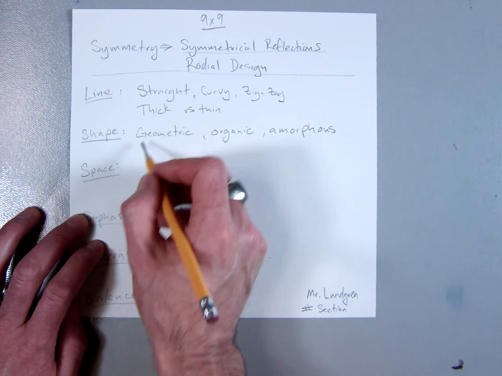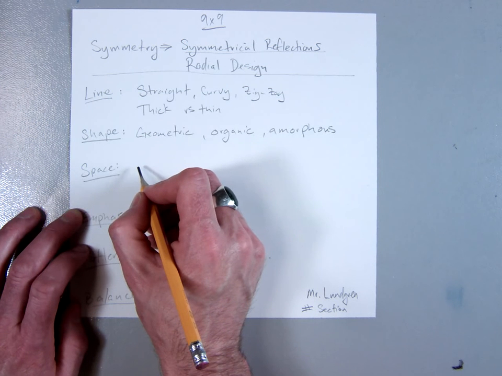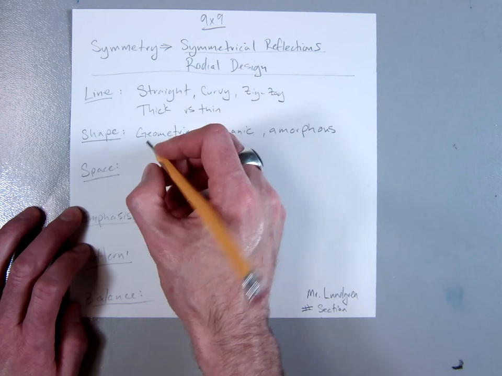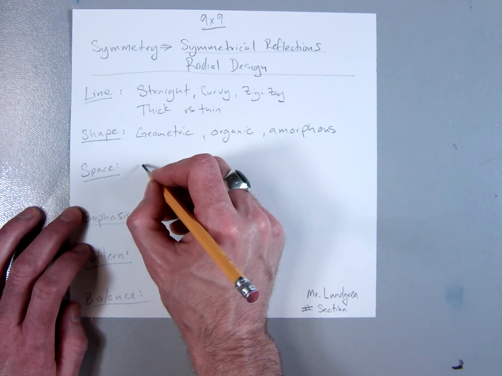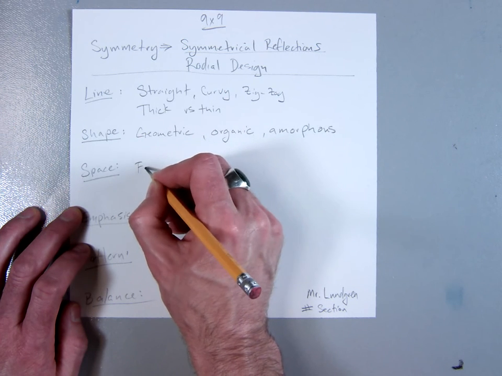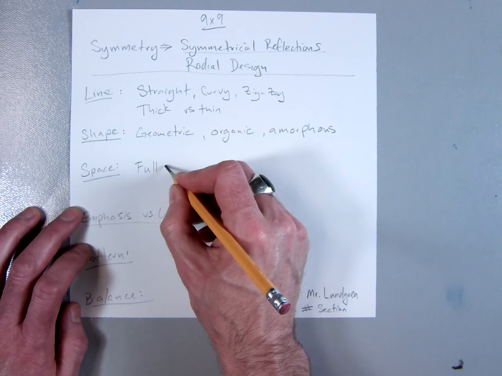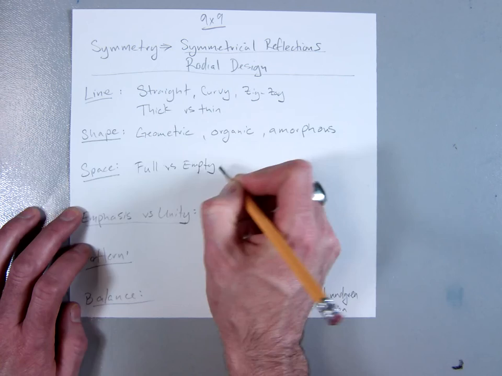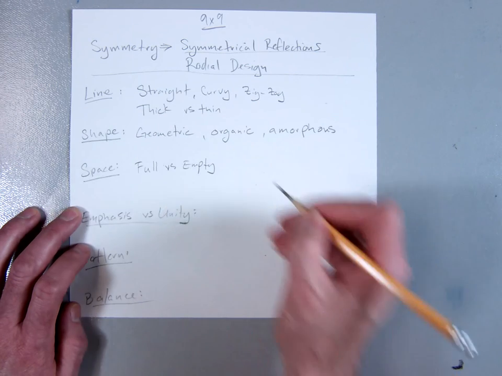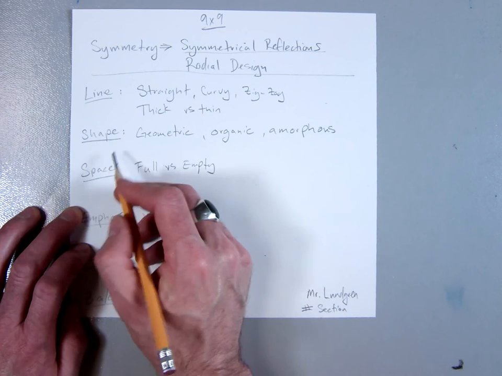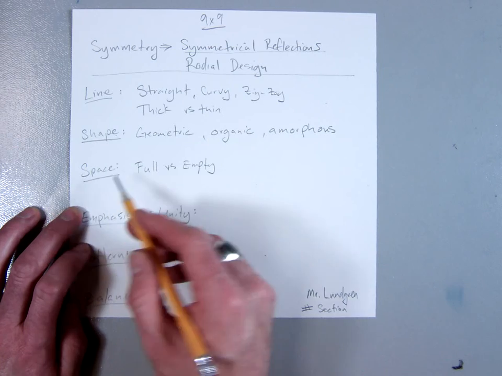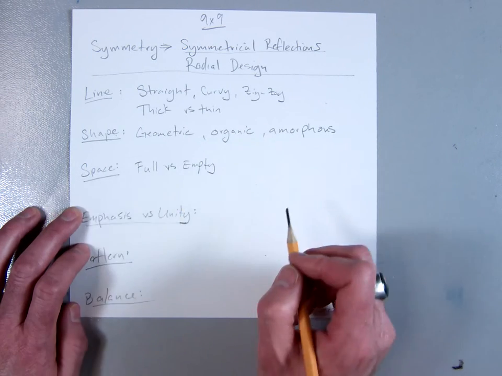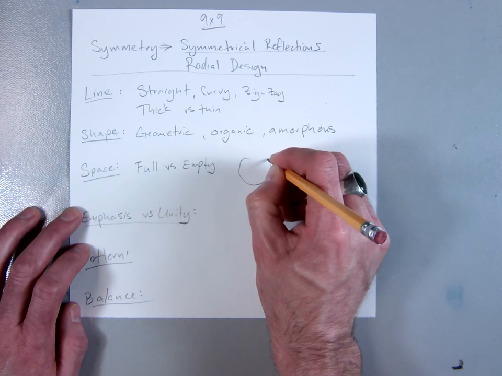As far as space, one thing that's going to be really important is the amount of stuff you have in a space, whether you've got very full space versus empty space. So whether you're filling up your space with lots of shapes or lines, or if you're leaving it empty so that the shape next to it that's full of stuff is going to look nice.